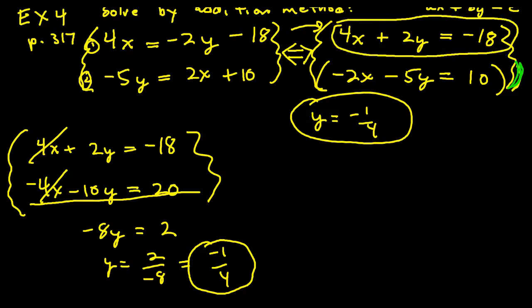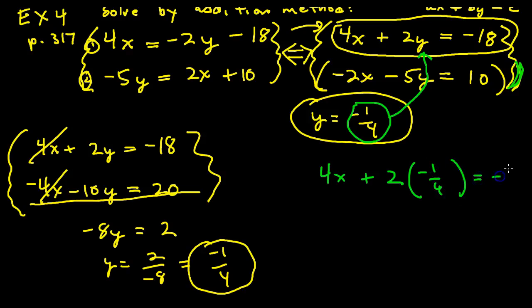So plugging in y equals minus 1/4 for y here will result in the equation 4x plus 2 times minus 1/4 equals minus 18. And I can solve for x hopefully pretty easily. I'll get 4x plus, let's see, 2 times minus 1/4 is minus 1/2 equals minus 18.